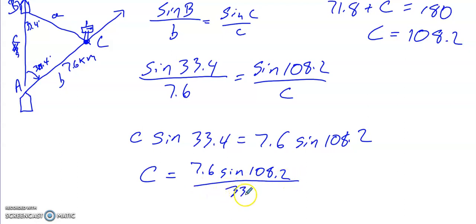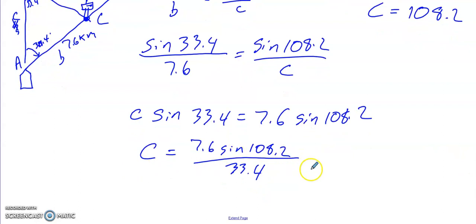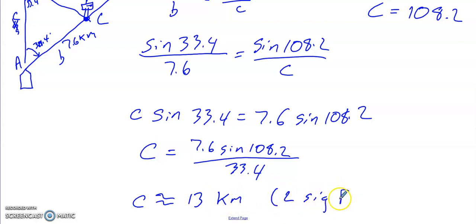Then I'm going to bang all of this into my calculator so I can figure out what it is. Depending on how many places I ask you for, since we only have 7.6, that's going to be about 13 kilometers because I have two significant figures in my answer. So we're going to say 13, or if I give it another decimal place, I got 13.1 kilometers. That's how far the ship traveled between the two bearings.